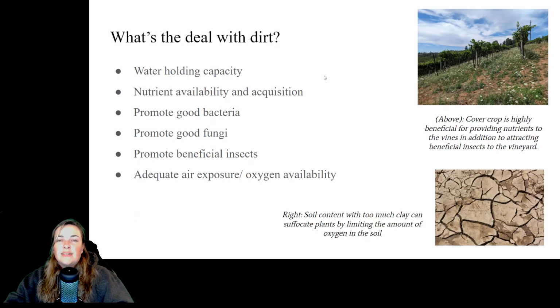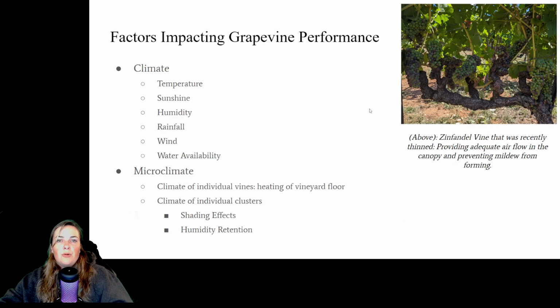There's a whole underground system of insects and bugs that help the porosity, help the structure of the soil overall, and prevent any type of erosion. So there's a lot that goes into soil science that we don't always realize, right? We just think, I have a grapevine, I'm going to plant it, and it's going to make fruit, and it's going to be good. And that's oftentimes the end of the conversation, but there's a lot more to discuss.